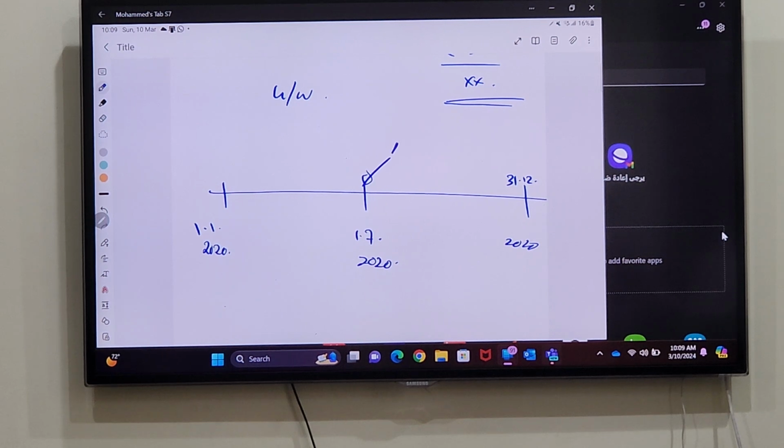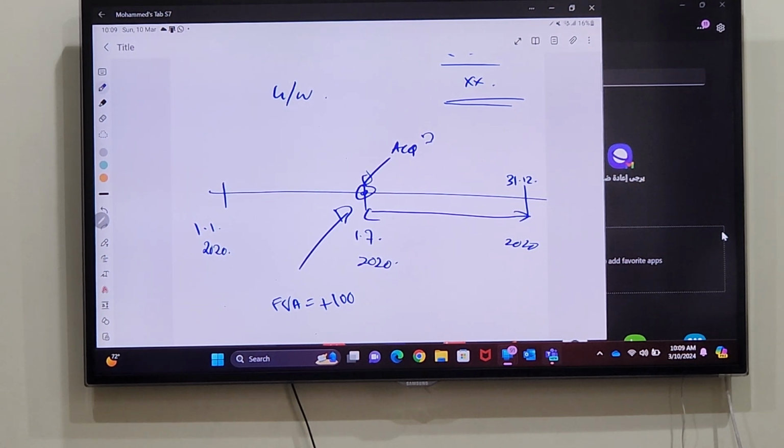This is the date of acquisition. They have done the fair value adjustments, and then the building has extra 100. So after the acquisition, the business is in existence for 6 months. So then you need to calculate depreciation. So the depreciation, you need to add this 100 also.